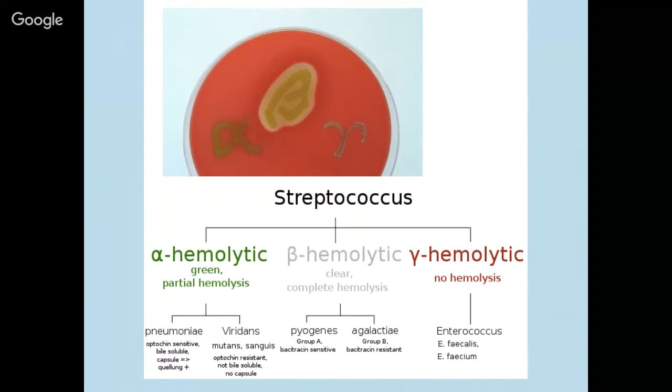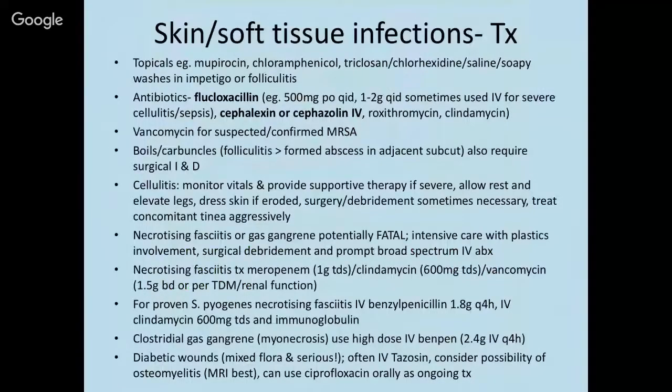And then you've got your beta hemolytic group B strep, which is most important next year because it can be in the flora of the vagina, and babies can pick it up during delivery and get the most common cause of neonatal sepsis. We get to know that next year. And then gamma hemolytic is like enterococci. They're all kind of gram-positive cocci, and they can be in little chains, even though enterococci are a bit different. So now onto treatment.